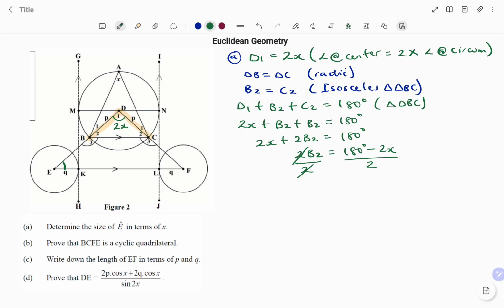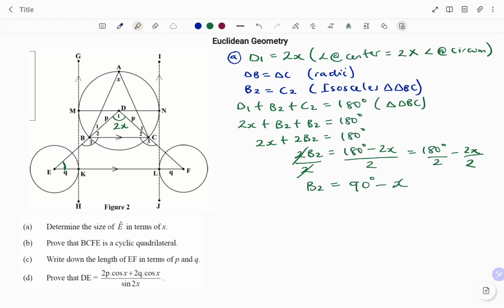I have 2 divided by 2, 1. So therefore, angle B2 equals, I can split this up as 180 degrees over 2 minus 2x over 2. 180 divided by 2, 90 degrees, minus 2x divided by 2, x degrees.